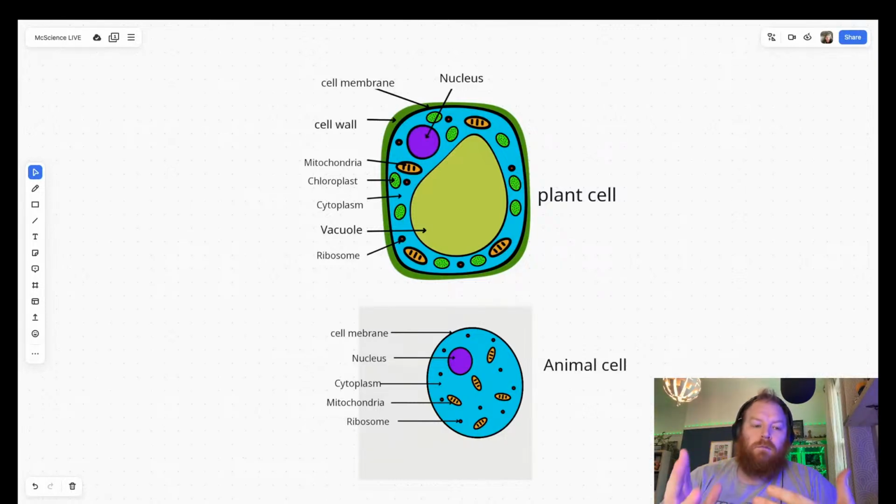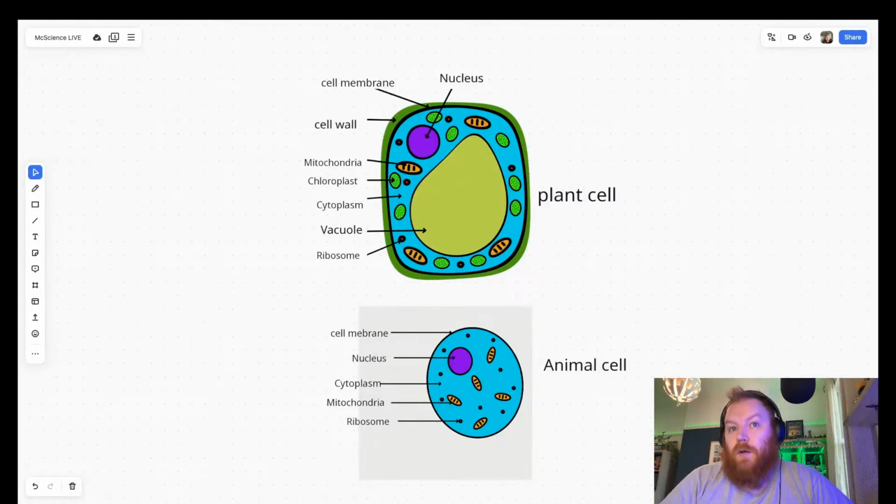Now, when we then start to look at other eukaryotic cells, we can look at, for example, fungal cells. Now, fungus is different to a plant cell, and a lot of people, for some reason, think that they are both plants, but they actually aren't.